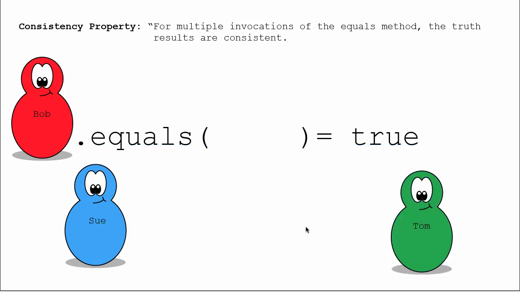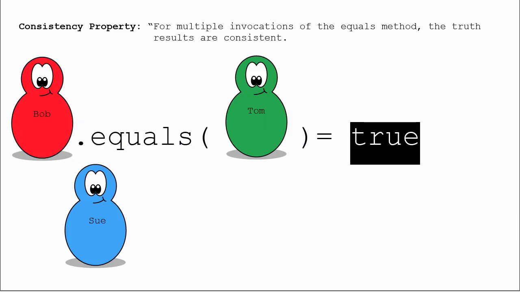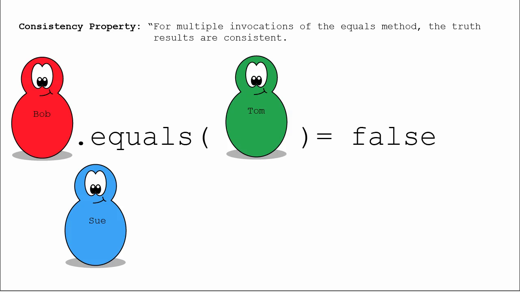Later on in the code, we make another invocation of the equals method and return Tom. We want to compare if Bob is equal to Tom, but for some strange reason, upon this second invocation, we get false. This would be a violation of the contract, meaning that it's no longer consistent. Bob no longer is equal to Tom.